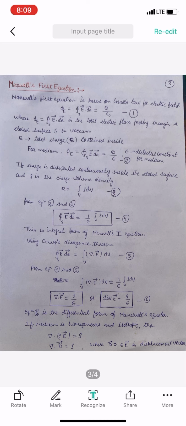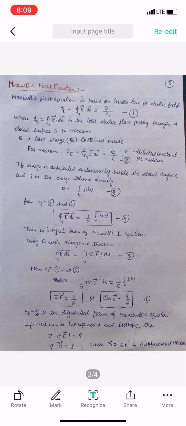You can see the equation: phi E, the electric flux, is equal to the integration over the closed surface S of E dot dA, E vector dot dA vector, is equal to Q upon epsilon 0, where Q is the total charge enclosed in the closed surface and epsilon 0 is the dielectric constant for the vacuum.